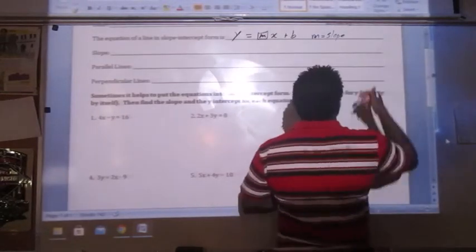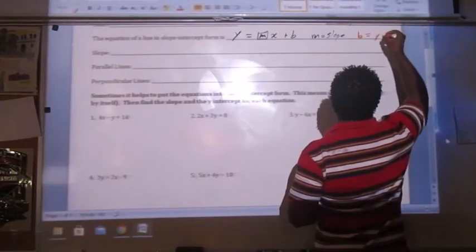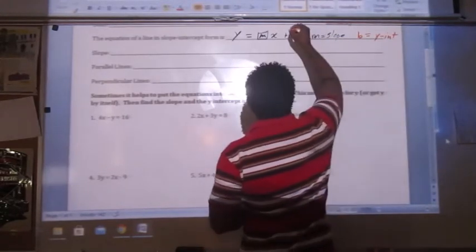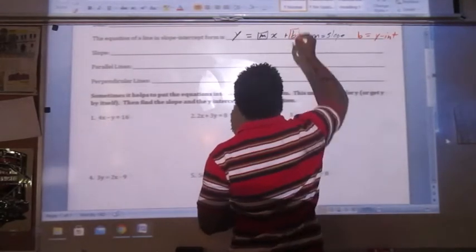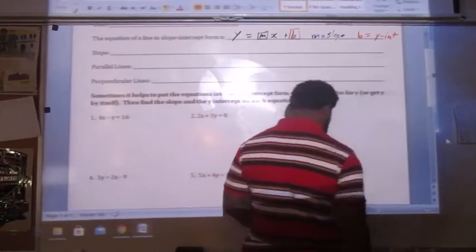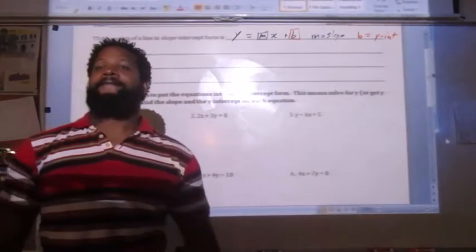And b is equal to your y-intercept. B is equal to your y-intercept. M is equal to your slope.